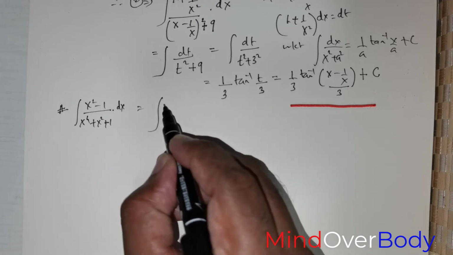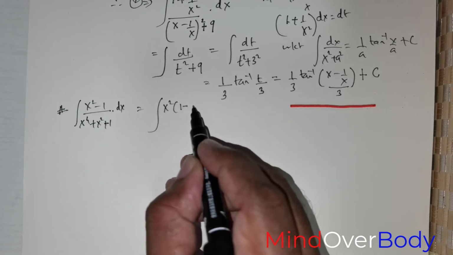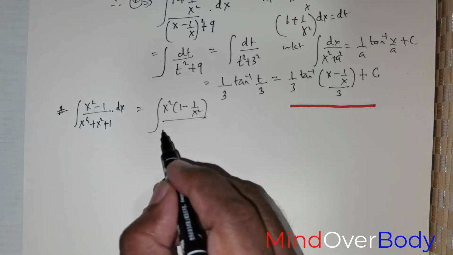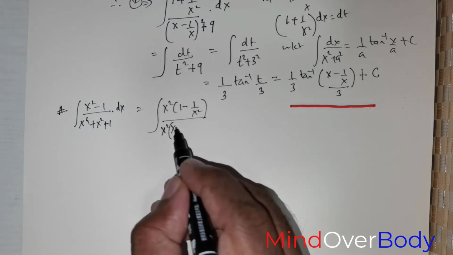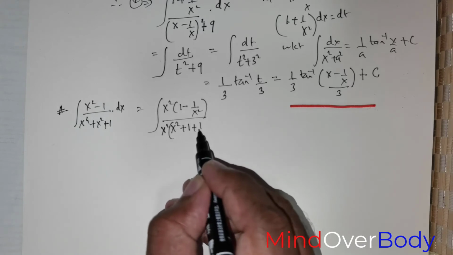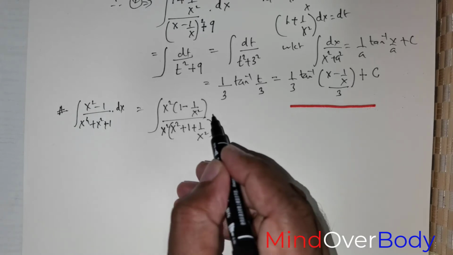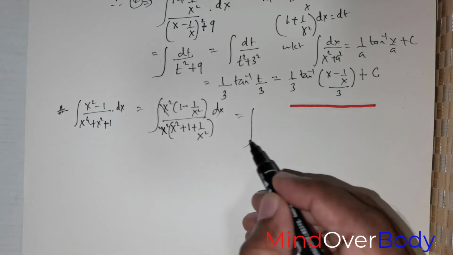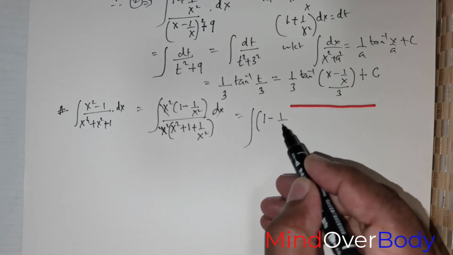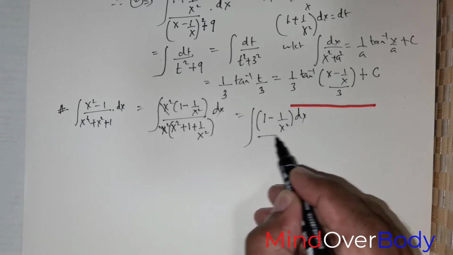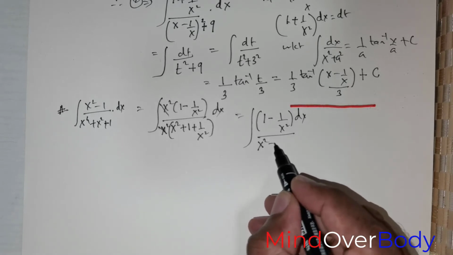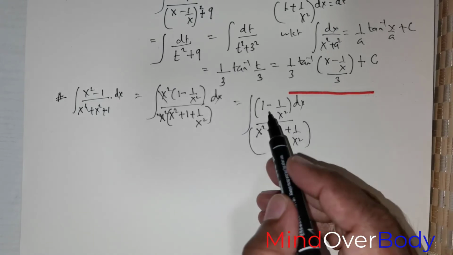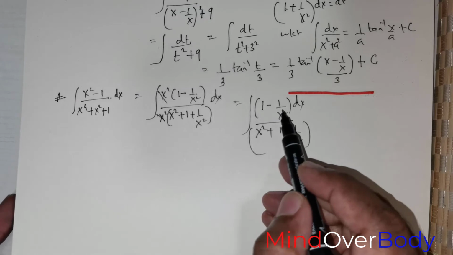So foremost I will take x squared out, so that's going to give me 1 minus 1 over x squared, divided by, I'm taking x squared out, x squared plus 1 plus 1 over x squared times dx. So clearly the x squared can be cancelled, giving me integral of 1 minus 1 over x squared times dx divided by x squared plus 1 plus 1 over x squared. Now clearly you can see the numerator is 1 minus 1 over x squared.